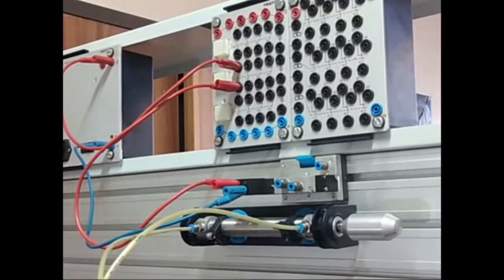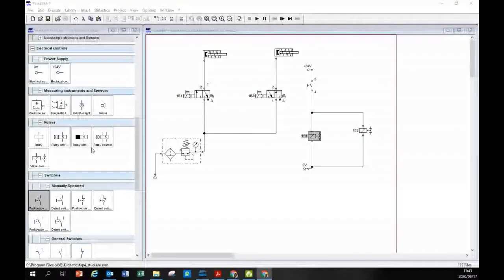So, let me go back to the screen. So, this part is the solenoid.